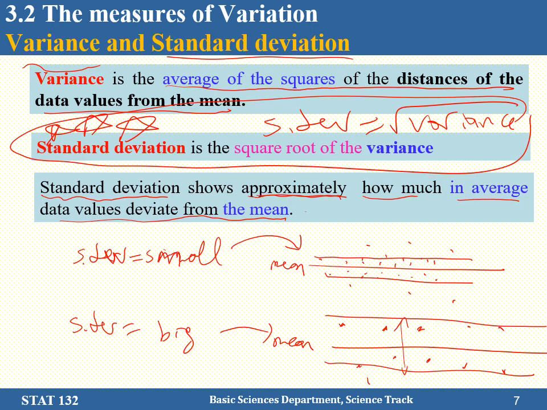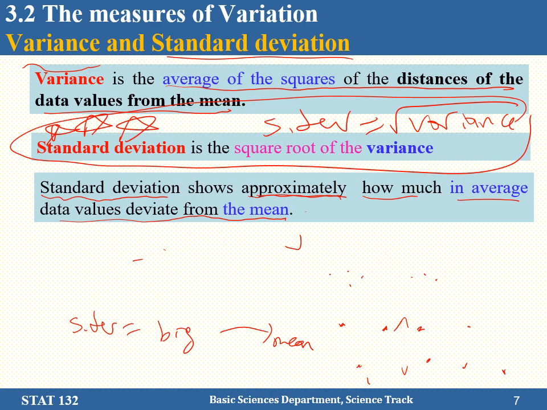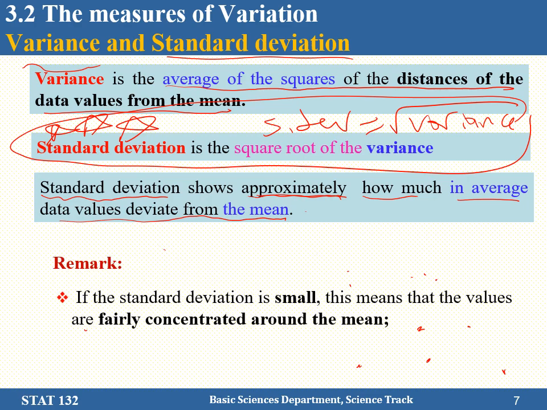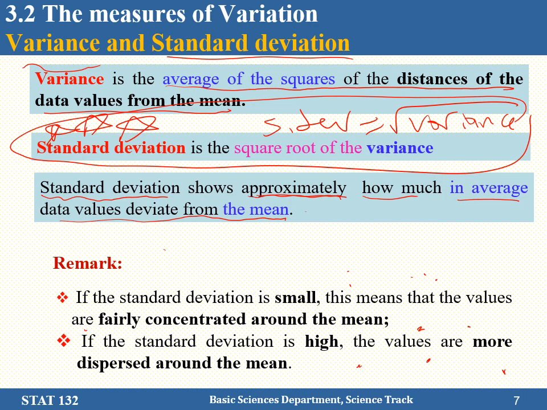Okay, let's state this one as a fact. So what does it say? If the standard deviation is small, this means the data values are fairly concentrated around the mean, and if the standard deviation is high, the values are more dispersed around the mean. So you can keep this in mind.